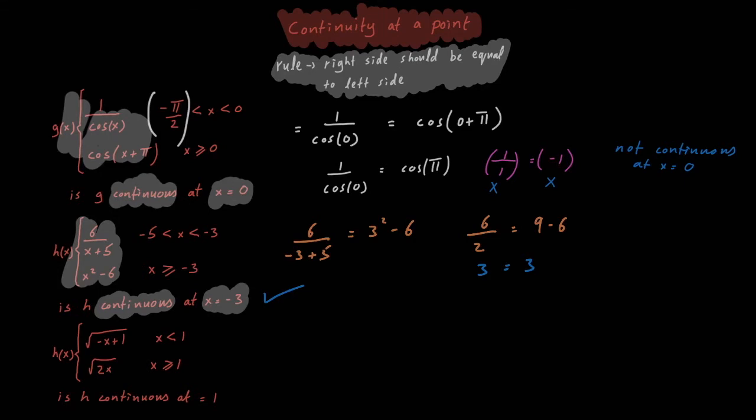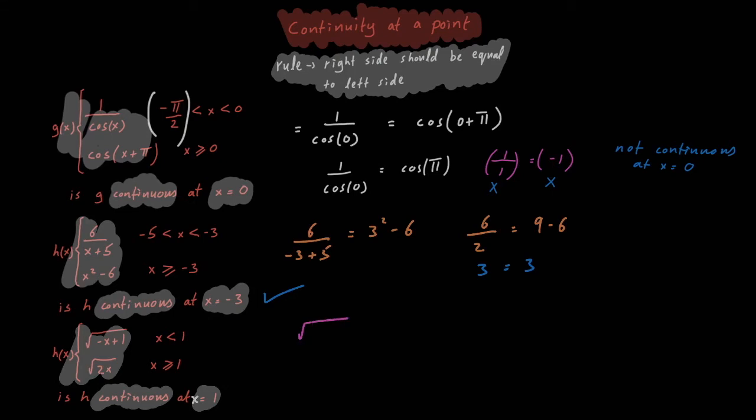So the last question, there are two equations and there's the word continuous and it is asking for, it was supposed to be x is equal to 1. So we will simply do what we always do, left side is equal to the right side.